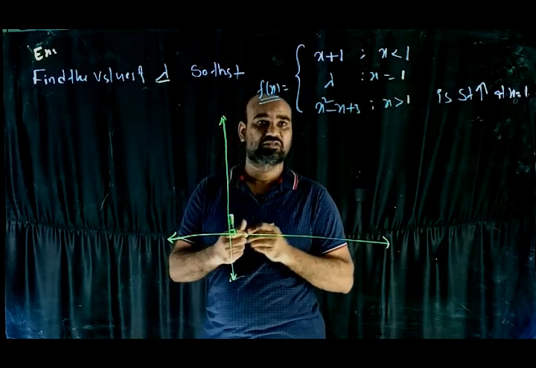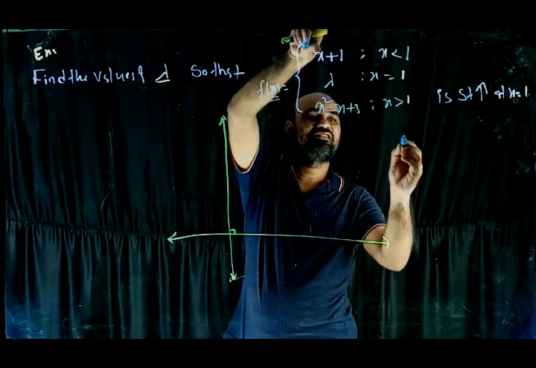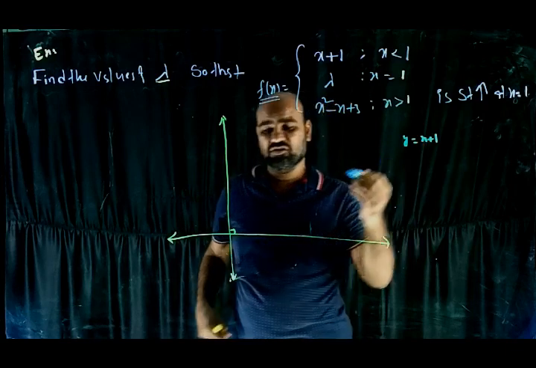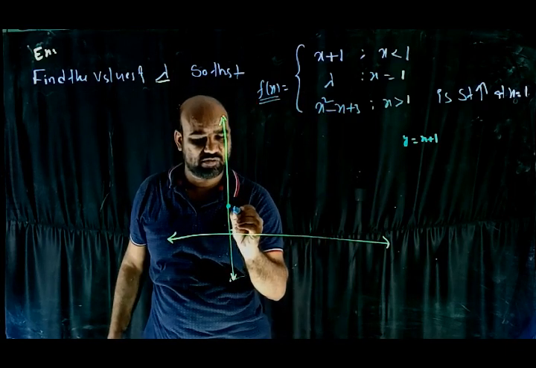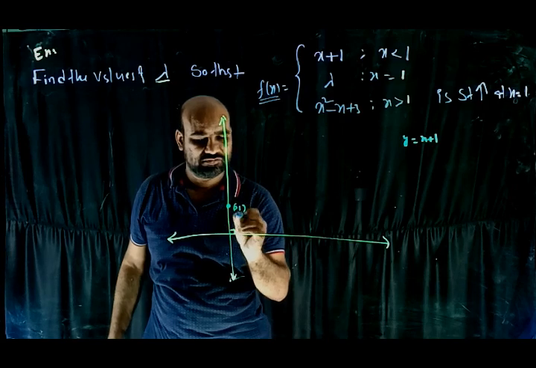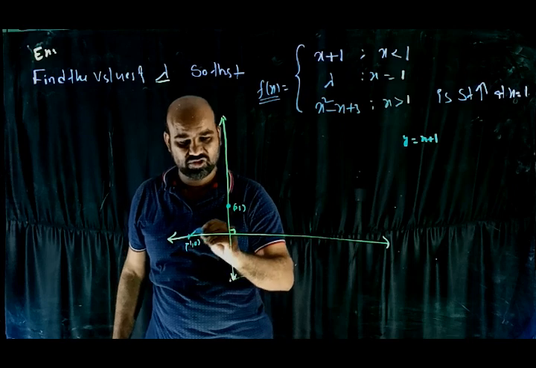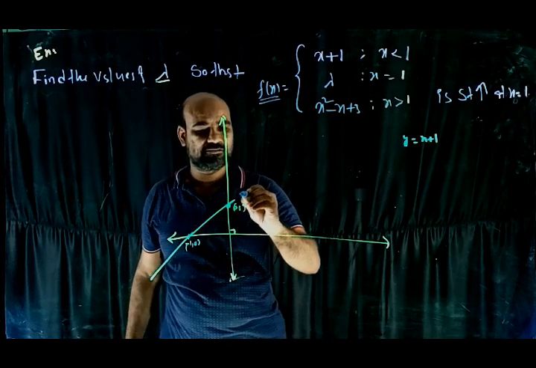Okay. First of all, I want to draw the straight line y is equal to x plus 1. x equal to 0, y equal to 1. Means that the straight line passes through (0, 1) and (minus 1, 0). So join them and extend this. This is our straight line.